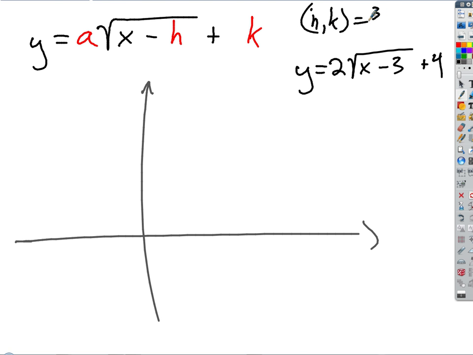So we're going to go over to the point 3, 4, and that's going to be our starting point. Is it the same sort of deal as A with parabolas? It's very, very similar.